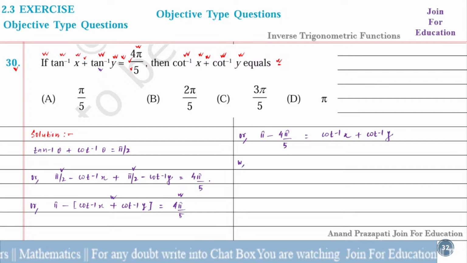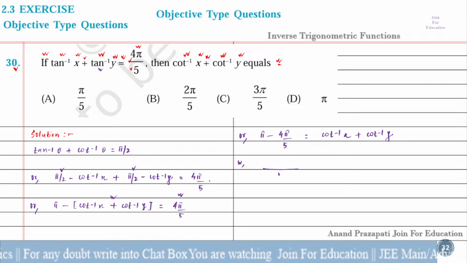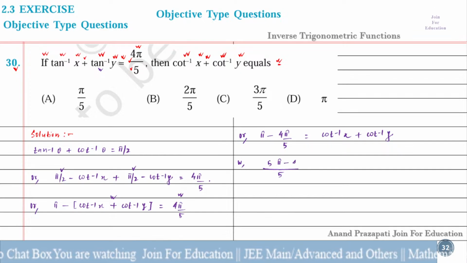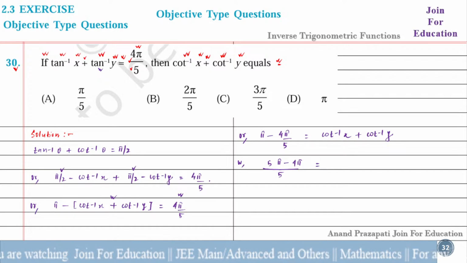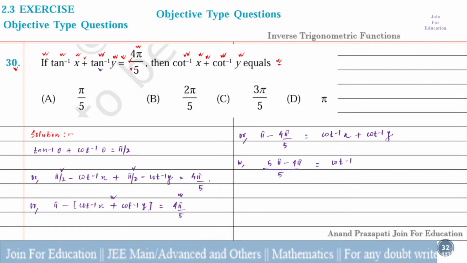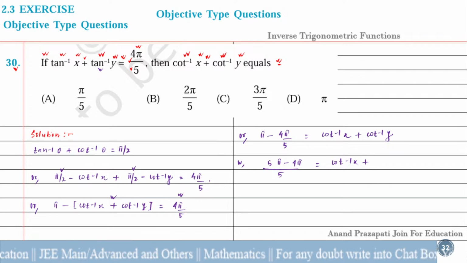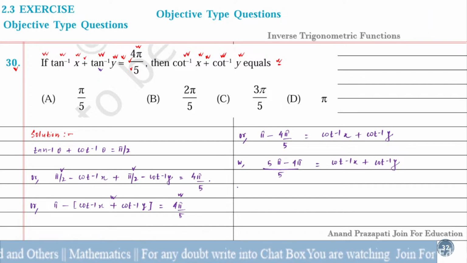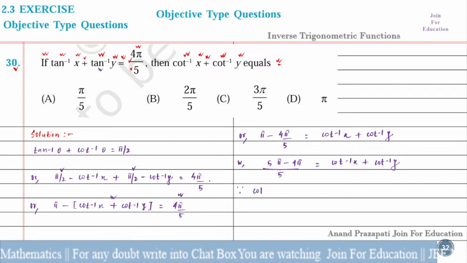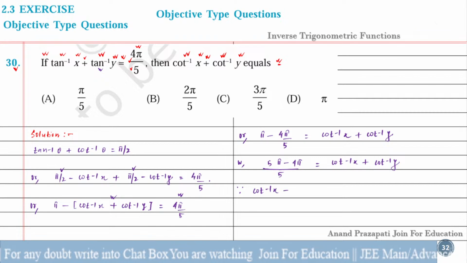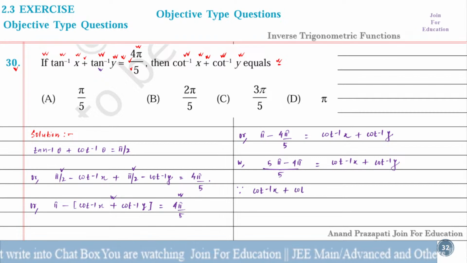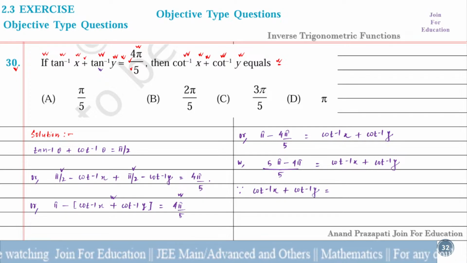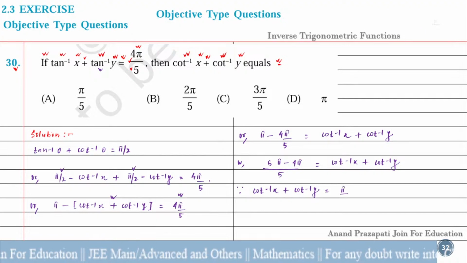With 5 as the LCM, it is 5 pi minus 4 pi equals cot inverse x plus cot inverse y. Therefore, the final step: cot inverse x plus cot inverse y equals 5 pi minus 4 pi, which equals pi by 5.